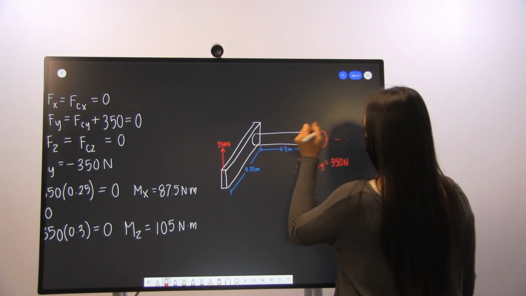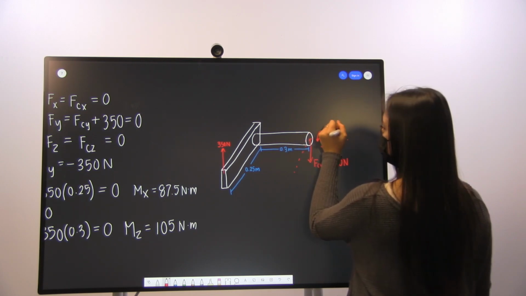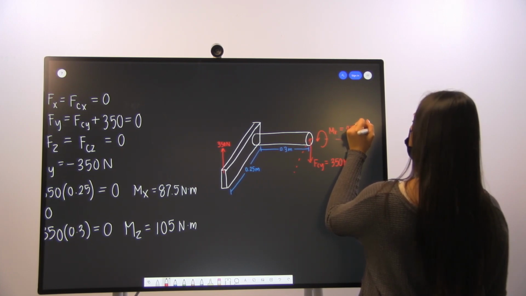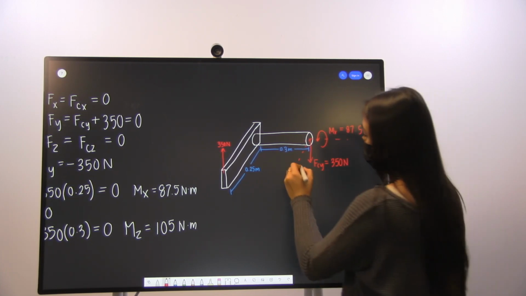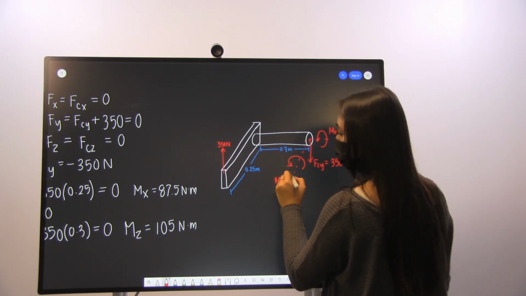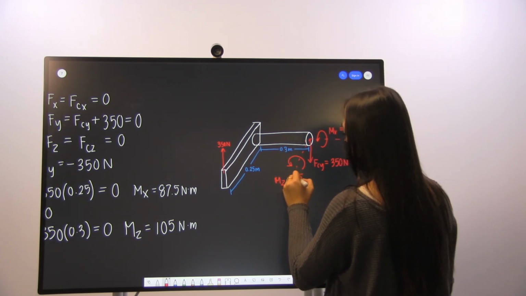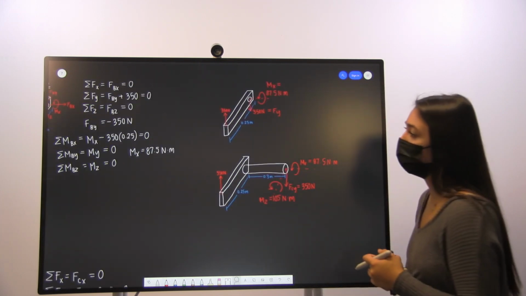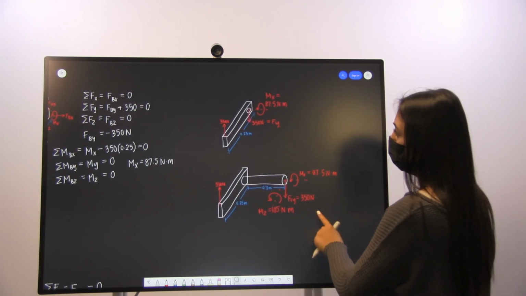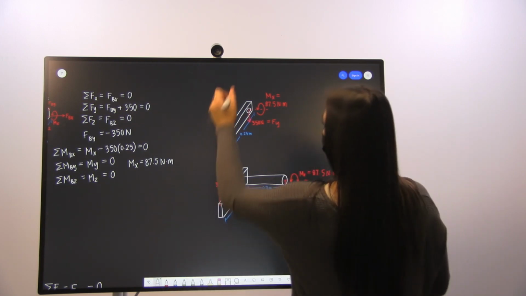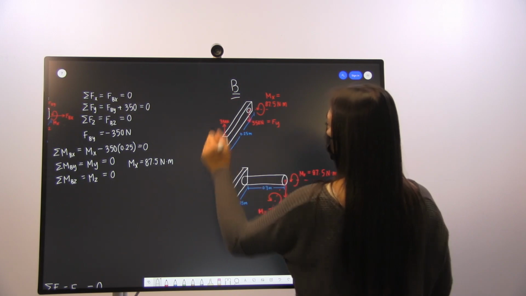About the x-axis, we have Mx equals 87.5 Newton meters. And about the z-axis, we have Mz equal to 105 Newton meters. And now we've solved for all of our internal forces and moments at point B and at point C.